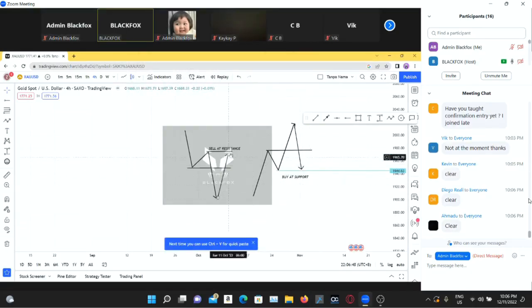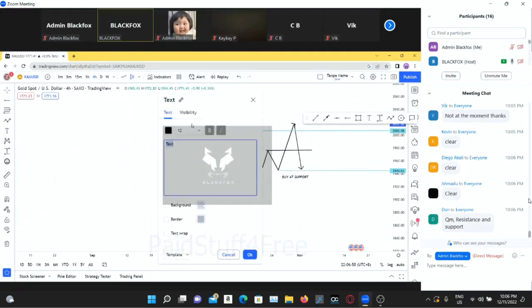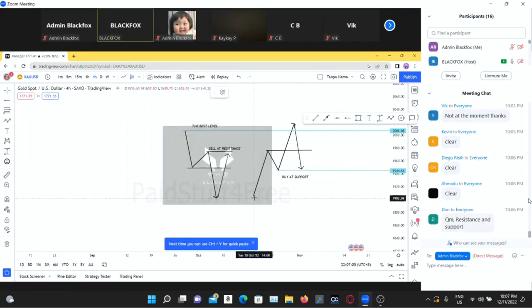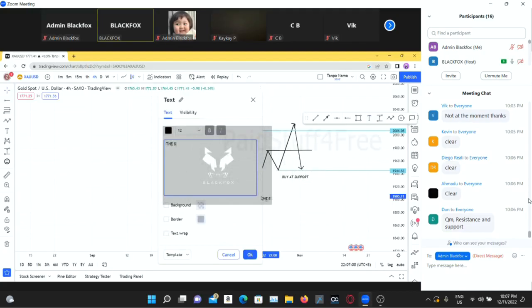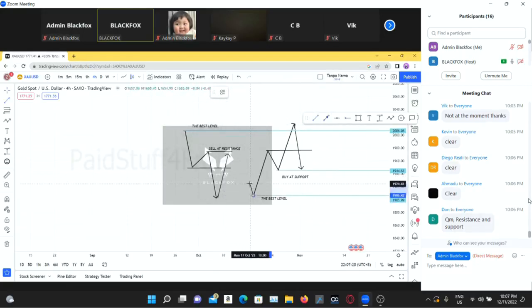So if this setup fails, sell at resistance fails, then we have one more level that we must focus on. This one is the best level for entry sell. The best level, which is also support, also resistance.